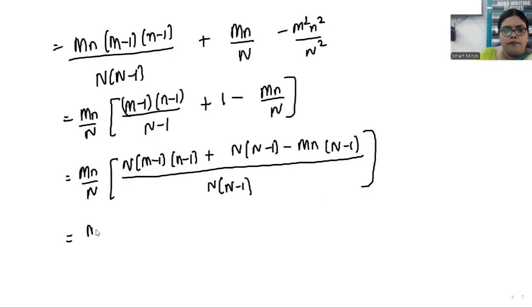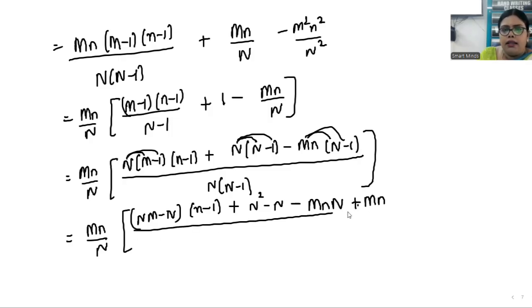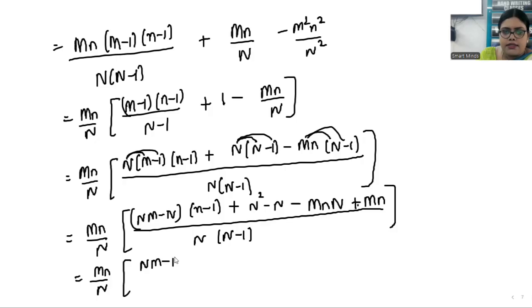So that is equal to mn by N into, multiply this into this into this: Nm minus N into N minus 1 plus, open the bracket, this into this into this: N square minus N. Again multiply this into this into this: mN N plus mn, by N into N minus 1. So that is equal to mn by N into Nm minus N into N minus 1.